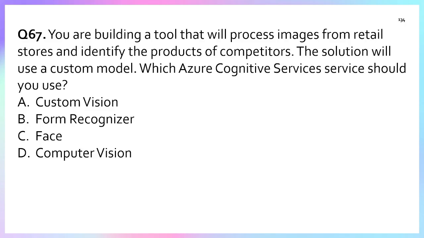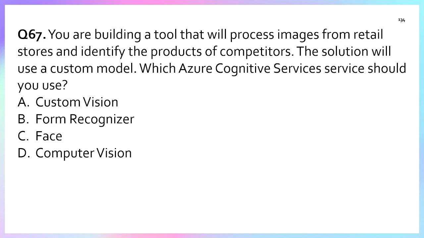Question number 67. You are building a tool that will process images from a retail store and identify the products from the competitor. The solution will use a custom model. Which Azure Cognitive Service should you use? So what is the question asking?